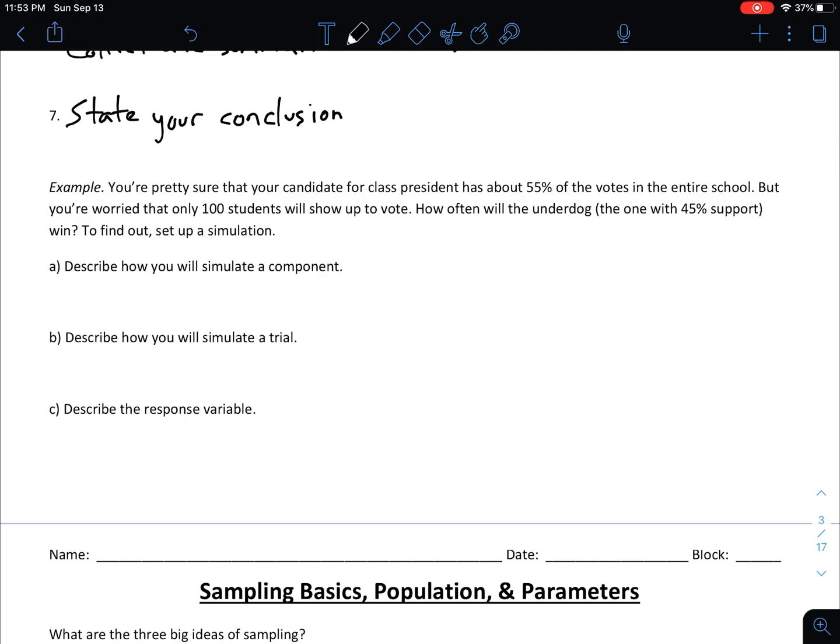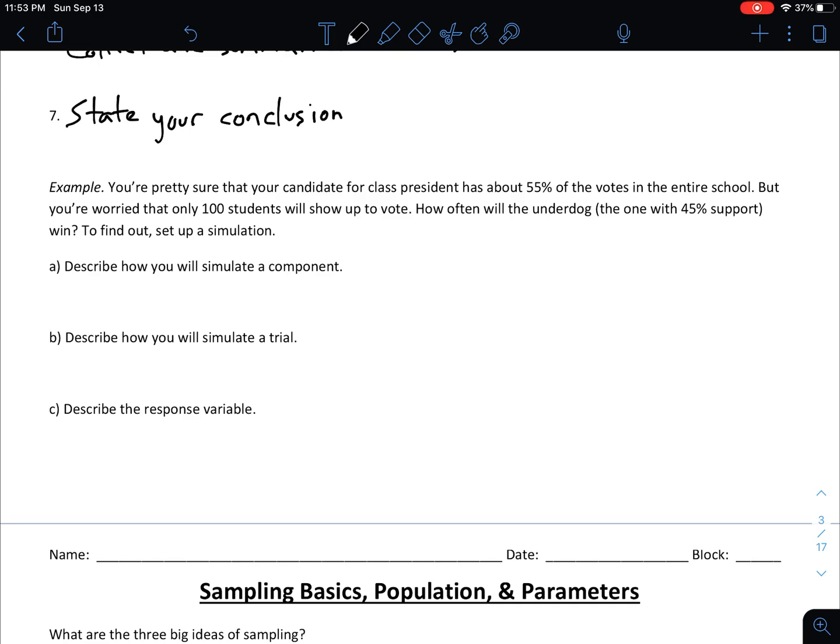Let's take a look at one more example and then we'll be done with this first section. You're pretty sure that your candidate for class president has about 55% of the votes in the entire school, but you're worried that only 100 students are going to show up. How often will the underdog, the one with 45% support, win? To find out, let's set up a simulation. Describe how you will simulate a component.